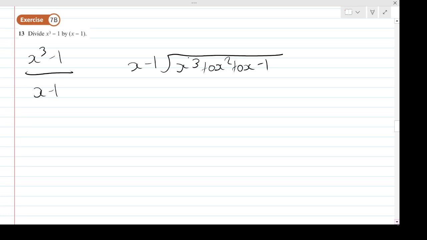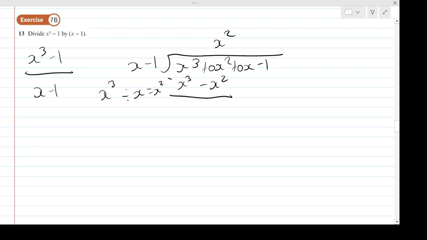So the highest power is x cubed. I need to do x cubed divided by the highest power outside the bracket, which is x, and that would be x squared. So I have x squared up here. Then I do x squared times all the terms here. So x squared times x is x cubed, and x squared times minus 1 is minus x squared.